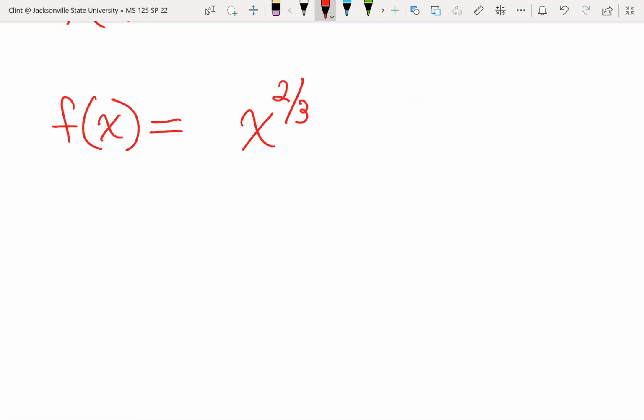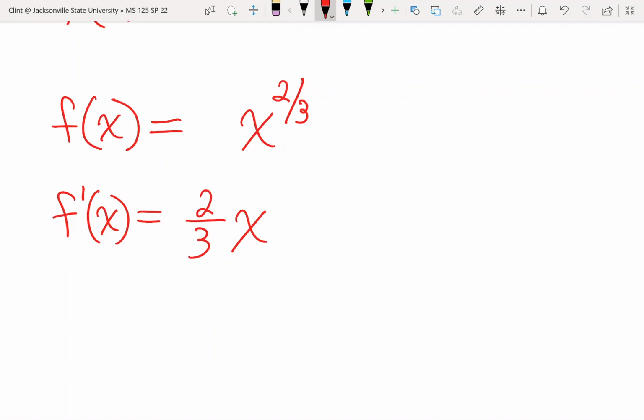So if we're going to find the derivative, we still just use the power rule. We take the exponent, multiply it by the coefficient out front, so we had a 1, so 2/3 times 1 is 2/3.